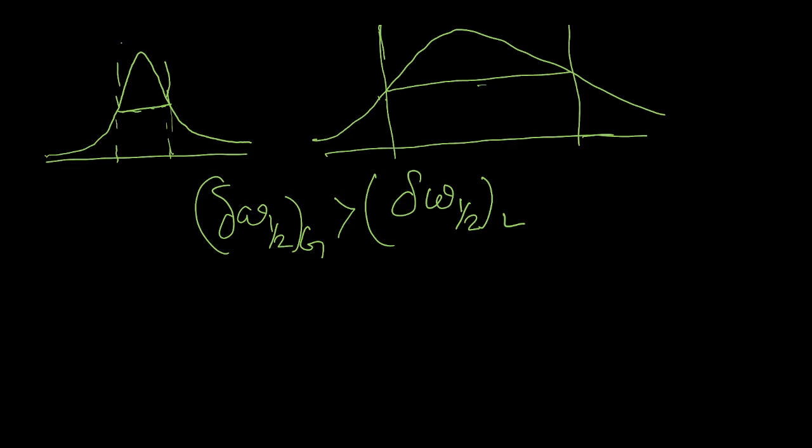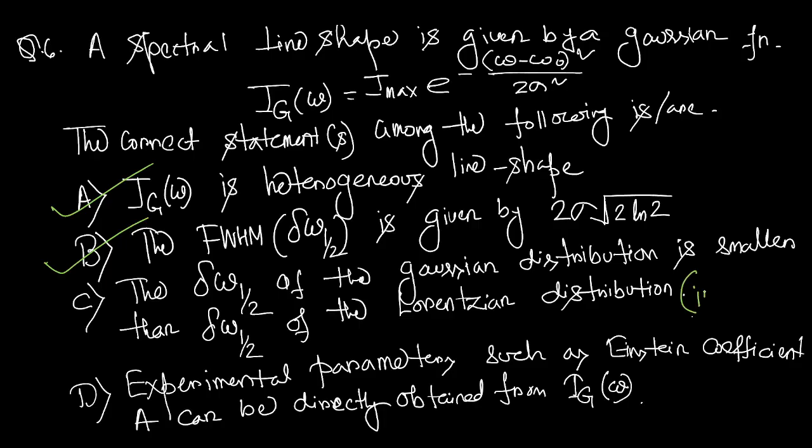And next, the experimental parameters such as Einstein's coefficient A can be directly obtained from I(omega). This is not possible from the line shape of the Gaussian function, because the FWHM no longer depends on the lifetime.